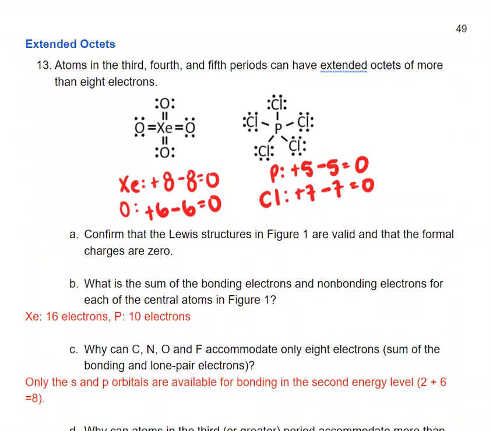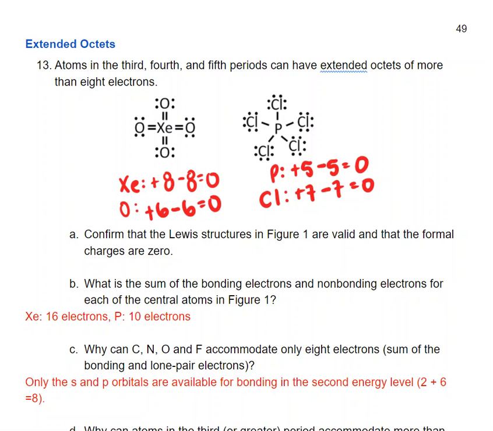Atoms that are in the 3rd, 4th, and 5th periods can have extended octets of more than 8 electrons. Looking at these 2 Lewis structures, we want to confirm that the formal charges are 0. I did it for xenon and oxygen, phosphorus and chlorine.